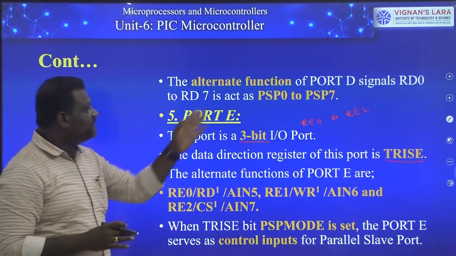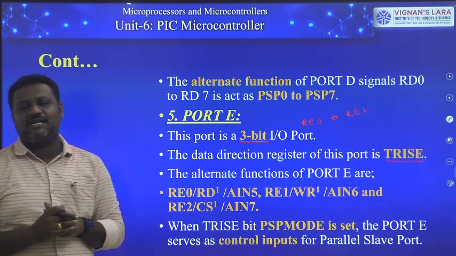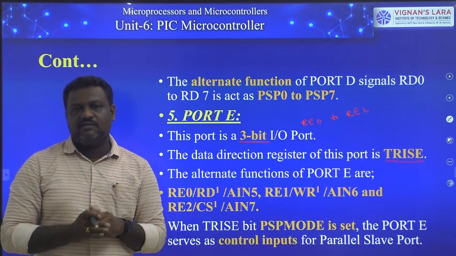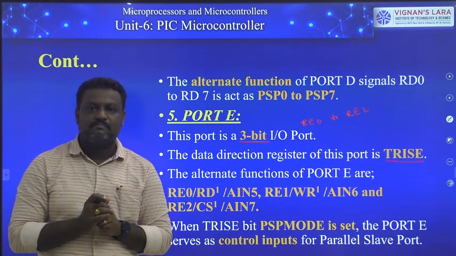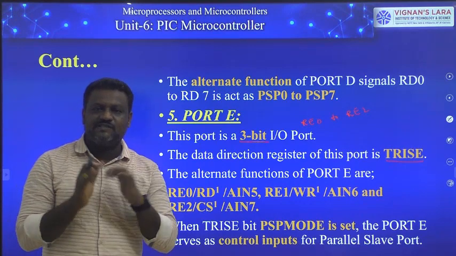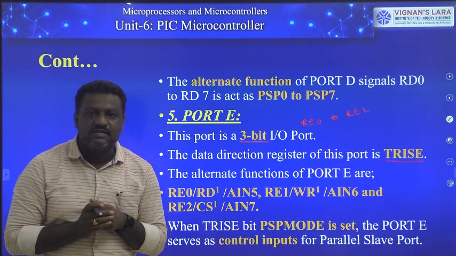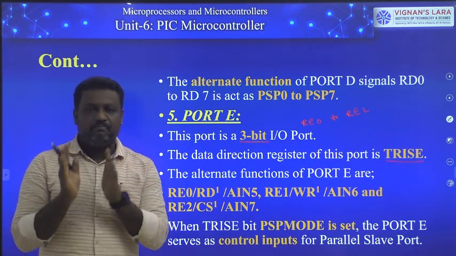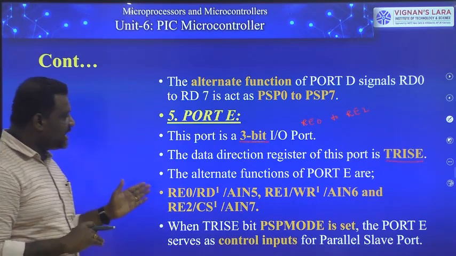And coming to the alternate functions of port E, it has two different alternate functions. One is that these three signals act as analog input signals, and the other is that these three signals act as control signals as well as the chip select signal whenever port D is defined as a parallel slave port, PSP. See here, friends, that's what I mentioned.